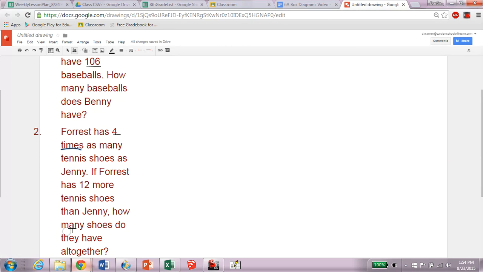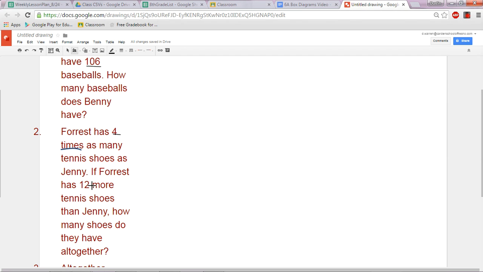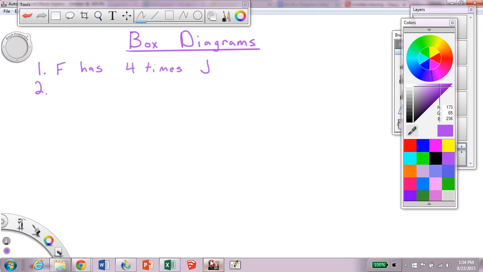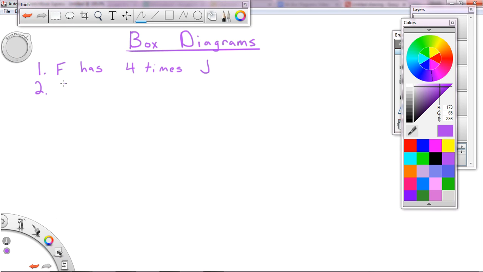Let's find another one. Forrest has 12 more tennis shoes than Jenny. Okay, let's write that down. There we go. Forrest has 12 more than Jenny.